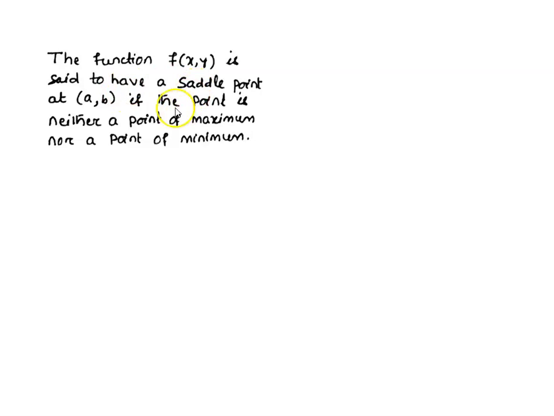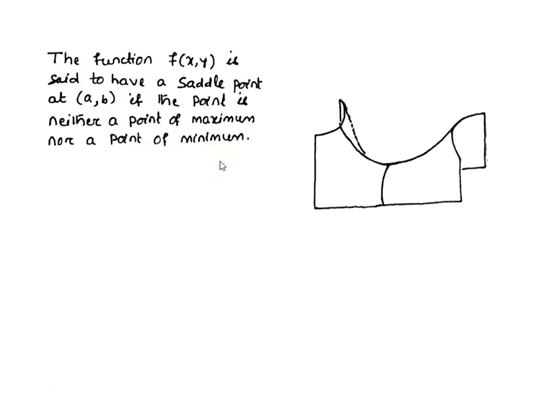The function f(x,y) is said to have a saddle point at the point (a,b) if the point is neither a point of maximum nor a point of minimum. Let us consider this figure. In this figure, this point is the saddle point because this point is neither a point of maximum nor a point of minimum.